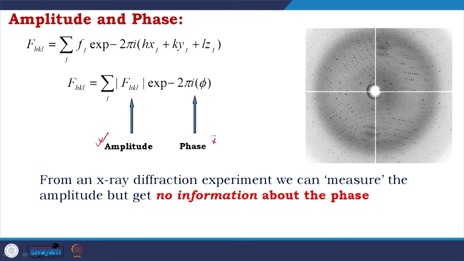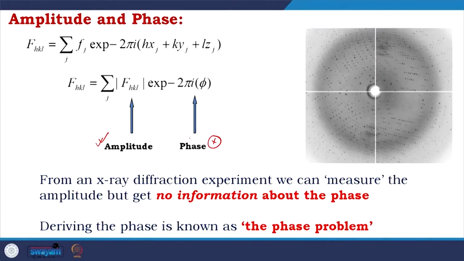Is it that we do not get it at all, or is there something else? Today we will discuss that. But more importantly, as we get the amplitude and do not get the phase, we are unable to calculate the electron density. This is called the phase problem, and you all know now that the phase problem is a very critical and famous problem in the field of protein crystallography.